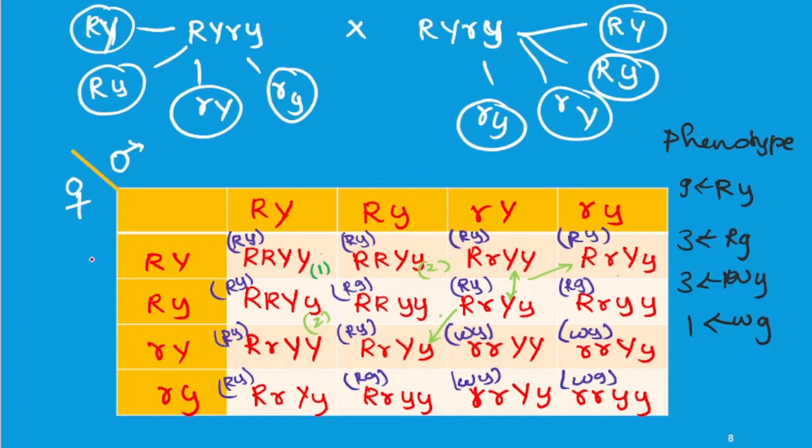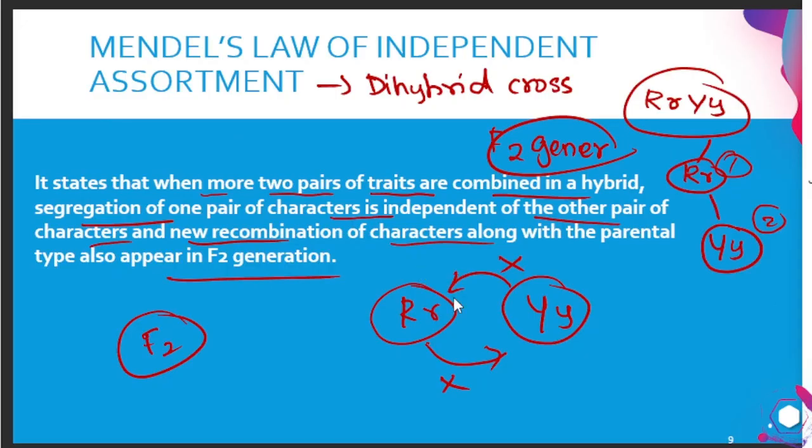This complete thing what you get is the F2 generation. So in your F2 generation, what will happen? In your F2 generation, you will get some of the old combinations, and you can also observe some new combinations in your F2 generation in case of dihybrid cross. So it is called the law of independent assortment.